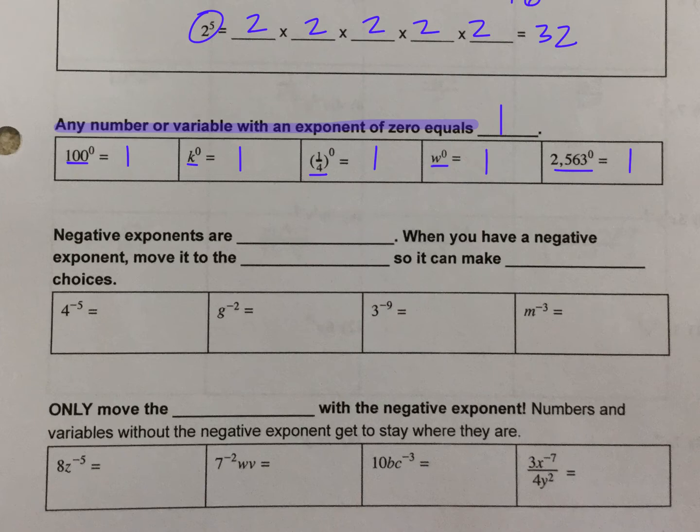Now we're going to talk about negative exponents. Right here is an example of a negative exponent. I have a big base number or letter, and there's a negative. What you need to remember about negative exponents is that negative exponents are illegal. And we like to tell a story with some exponents.